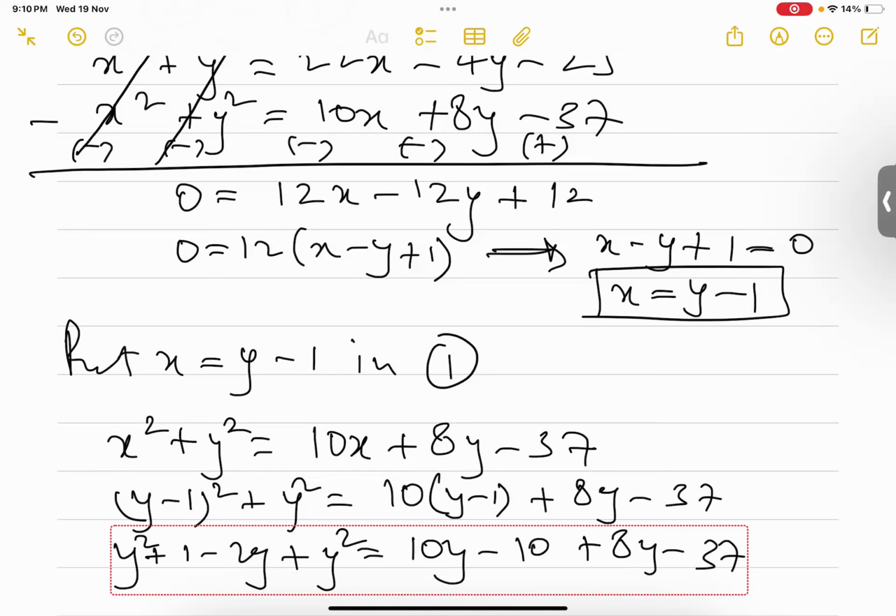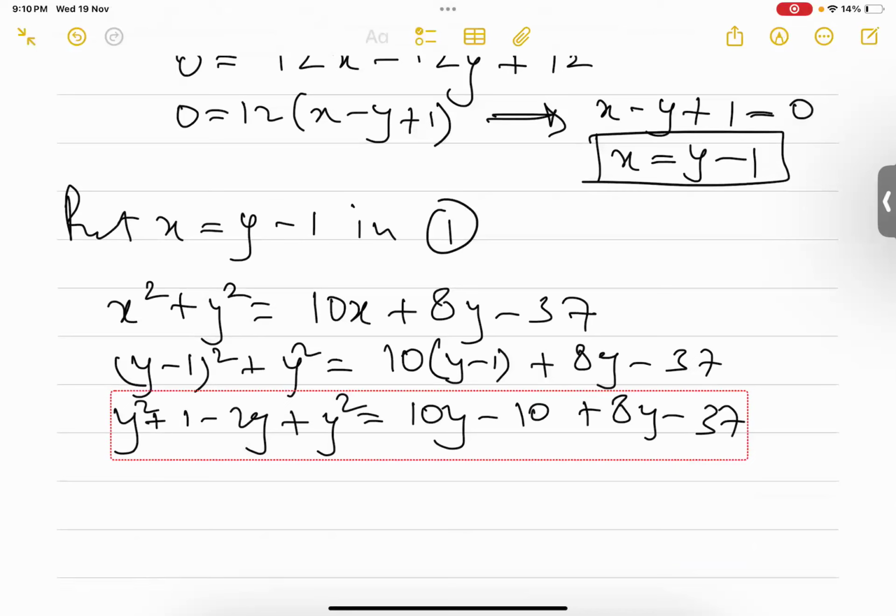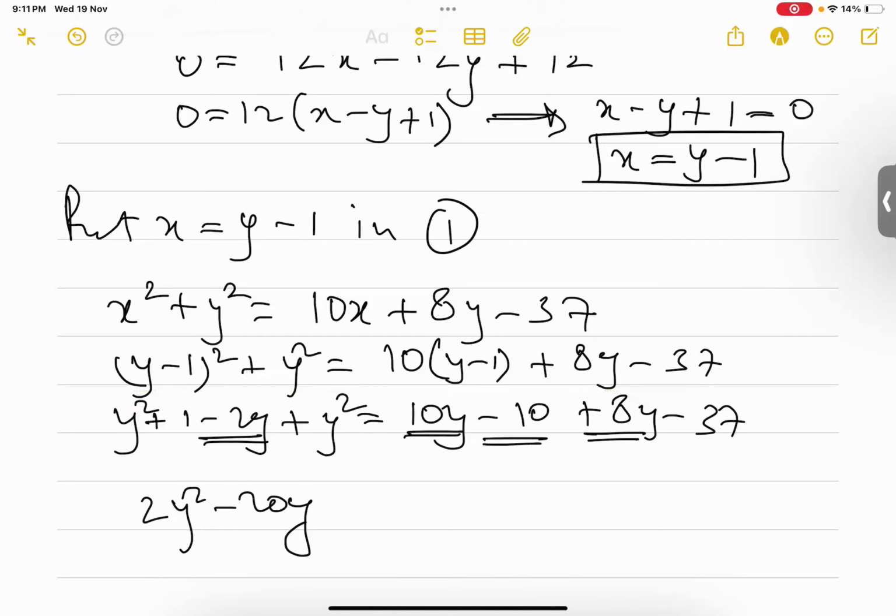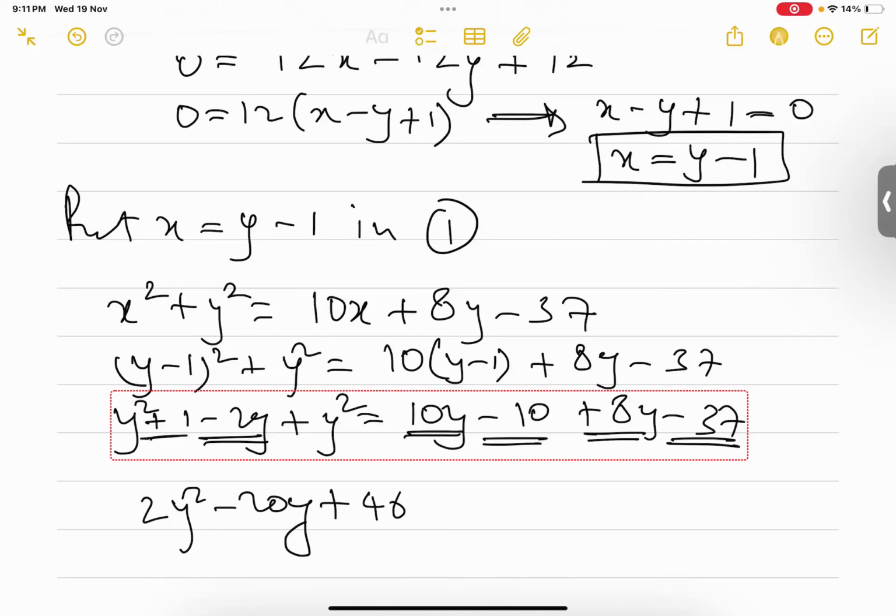Okay, you'll get a quadratic: 2y square minus 2y minus 10y, that is minus 12y, minus 8y, so minus 20y this is going to be. And on the right hand side this is minus 47. It will go on the left hand side and become plus 47, plus 47 plus 1, that is equal to 48.